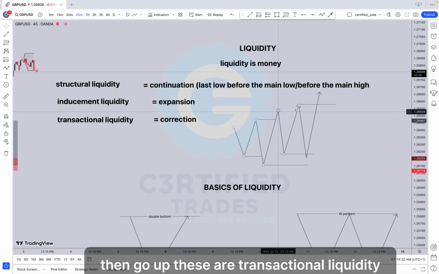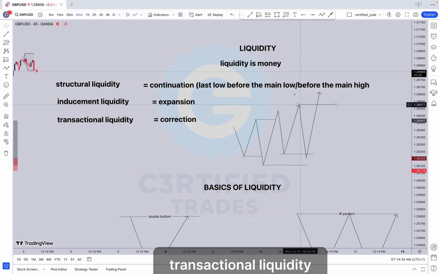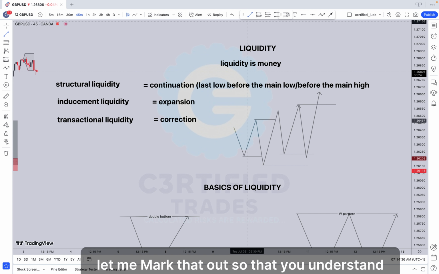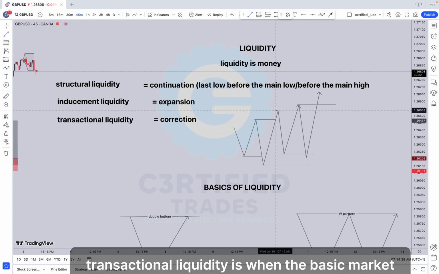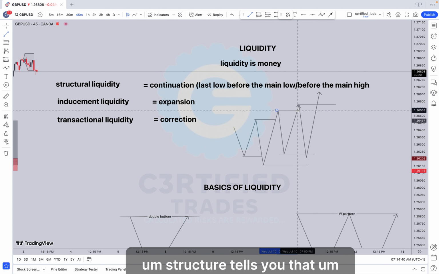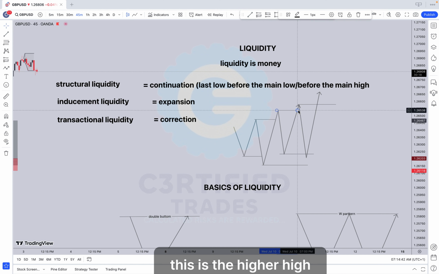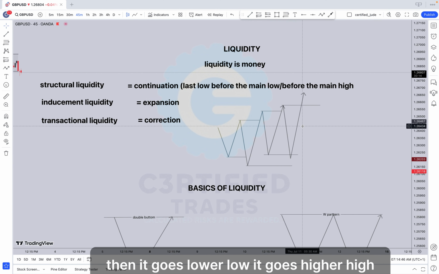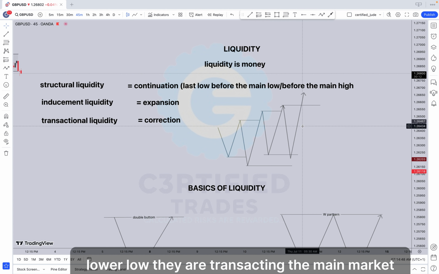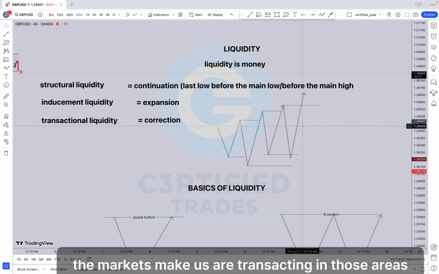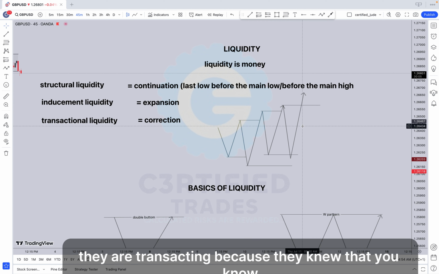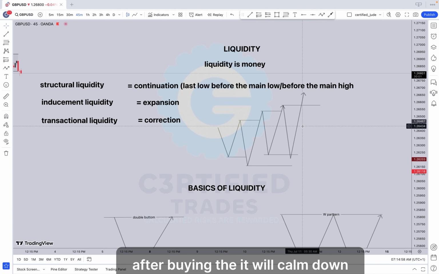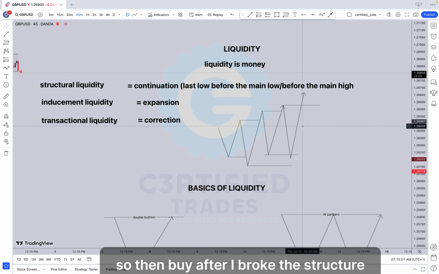All right, come down, then go up. These are transactional liquidity. Let me mark that out so that you understand. Transactional liquidity is when the basic market structure tells you that this is the higher high, then it goes lower low, higher high, lower low, higher high, lower low. They are transacting. The market makers are transacting in those areas because they know that after buying, it will come down, sell, then buy.